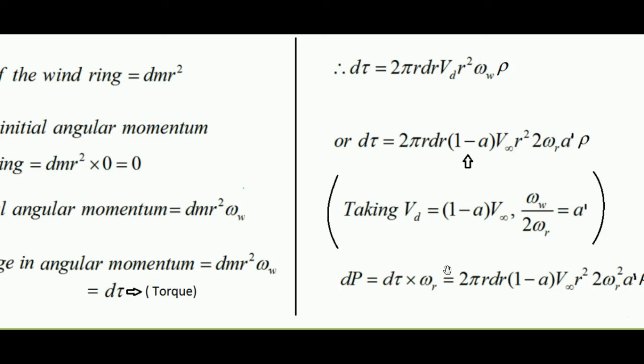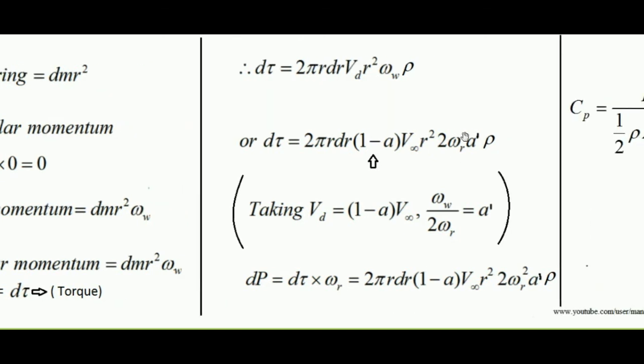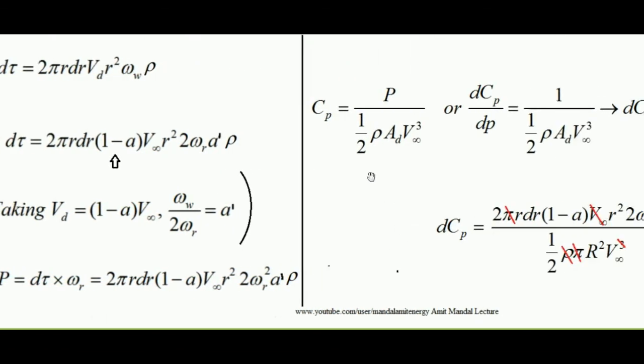Now torque into the angular velocity of the rotor will give the power produced at that ring. Okay, so simply I have multiplied omega, so ultimately my power equation is this. Now we know that the power coefficient of a wind turbine is given by the power output upon the power input, that is the input kinetic energy of the wind per unit time which is striking the rotor.